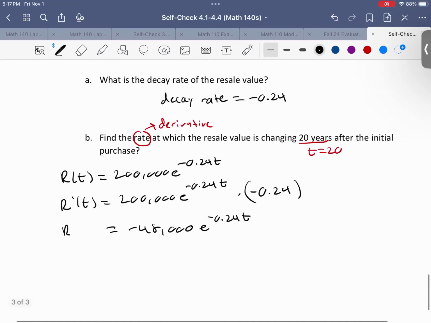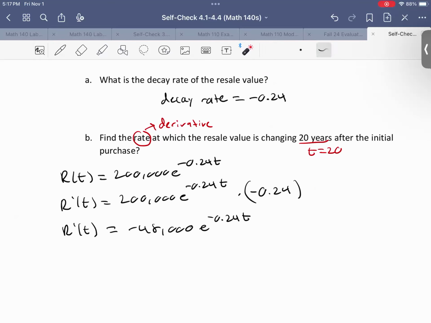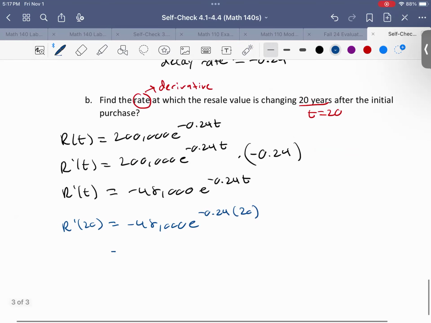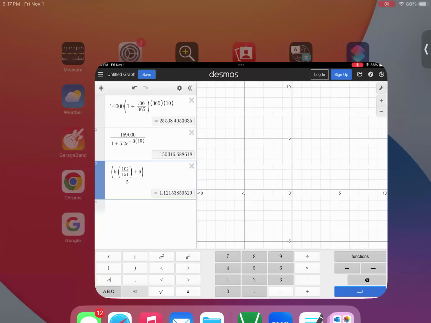So that's my derivative. And now what I want to do is find my rate at 20 years. So I need to plug in 20 and evaluate the derivative at 20. So R prime of 20 is -48,000 e to the -0.24 times 20. And if I put this in my Desmos, let's go ahead and do that right now.